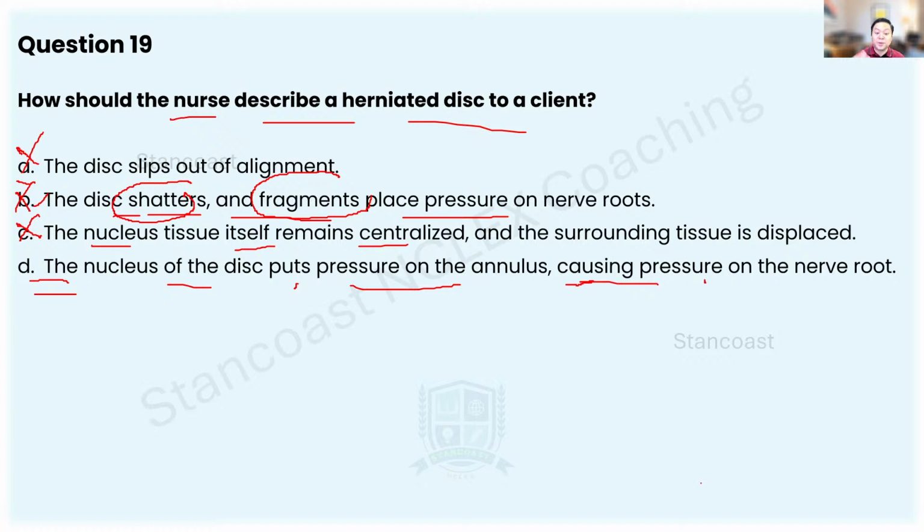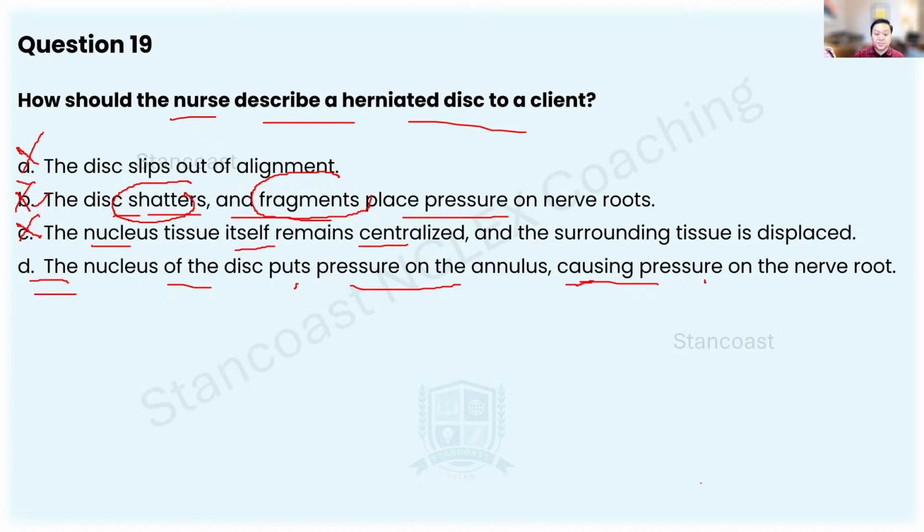So here the patient will manifest the pain, and also some weakness, okay? But if there is now compression, especially a complication wherein the spinal cord is involved, then that is going to be much more severe.